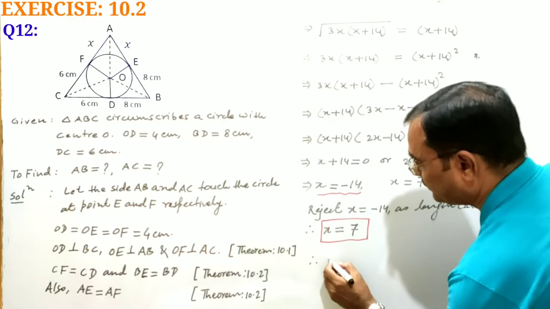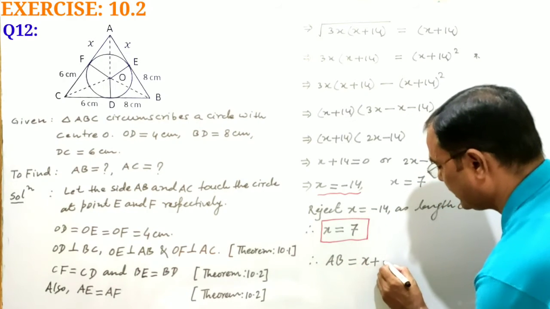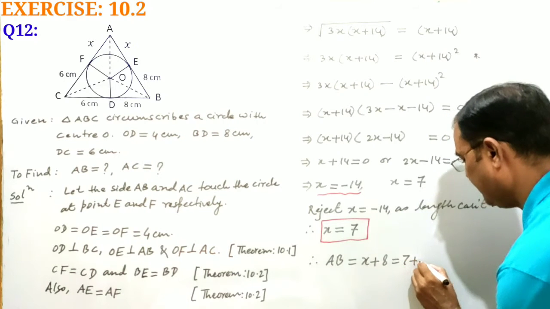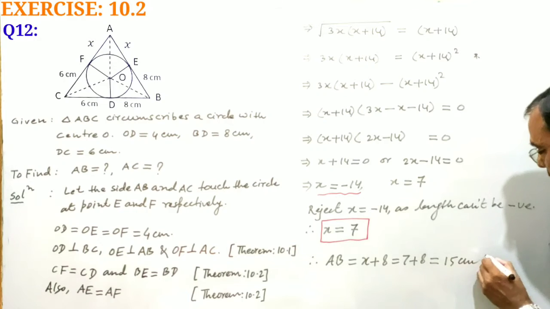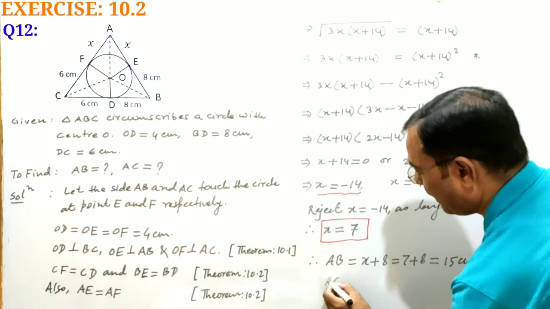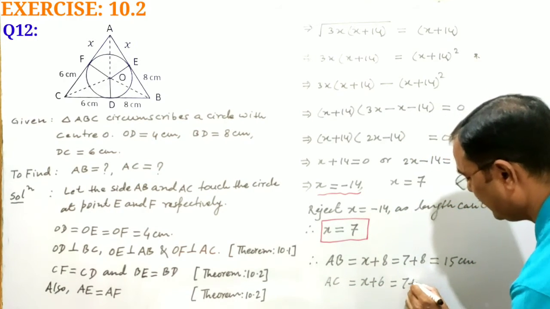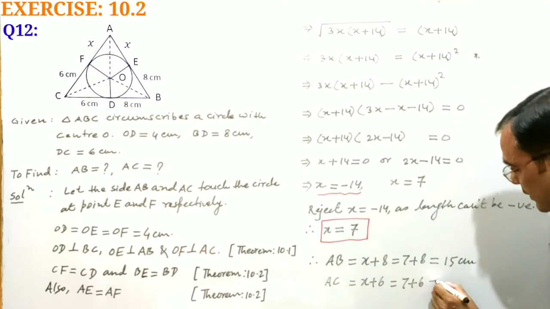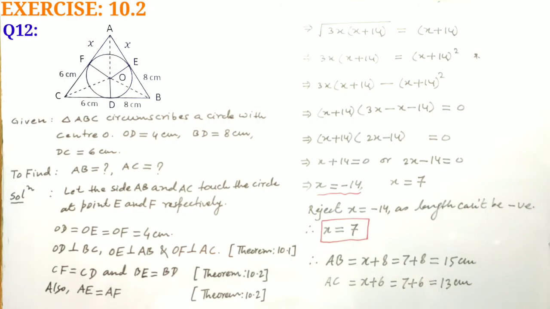So therefore AB is equal to x plus 8, that is 7 plus 8 equal to 15 centimeter, and AC is equal to x plus 6. So 7 plus 6 equal to 13 centimeter, and this is the answer of this question.